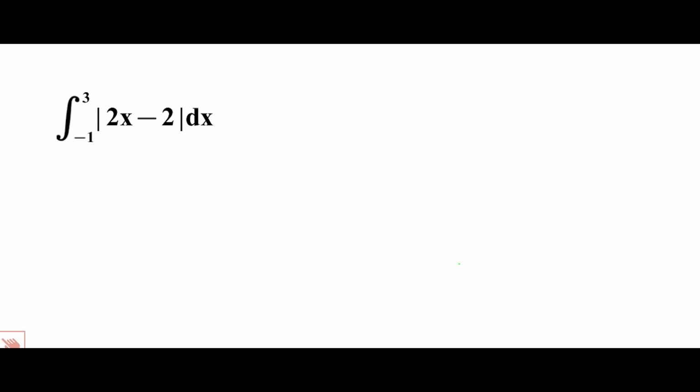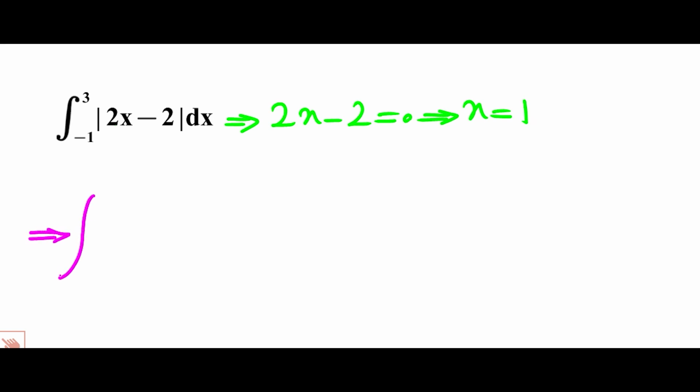Number 3, evaluate the integral of the absolute value of 2x minus 2 dx from -1 to 3. The sign changes at 2x minus 2 equals 0, so x equals 1. So we have the integral of -1 to 1 plus the integral of 1 to 3, right?